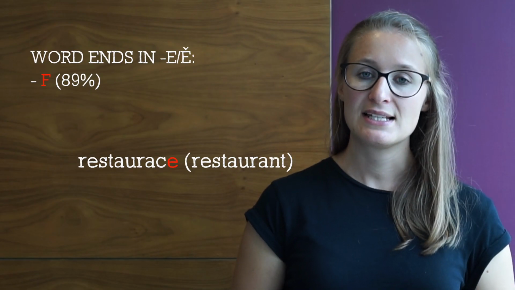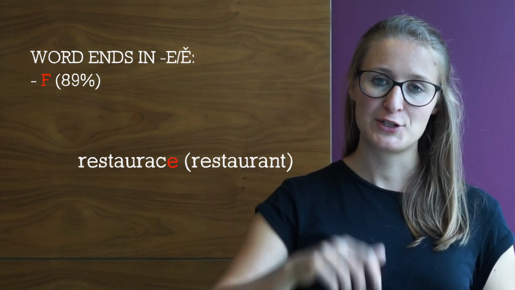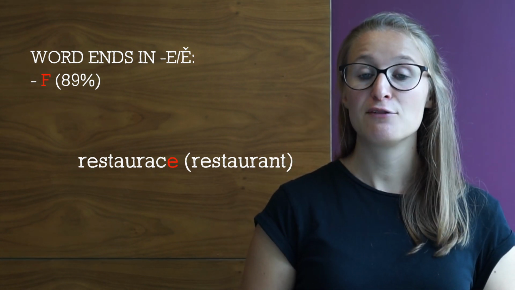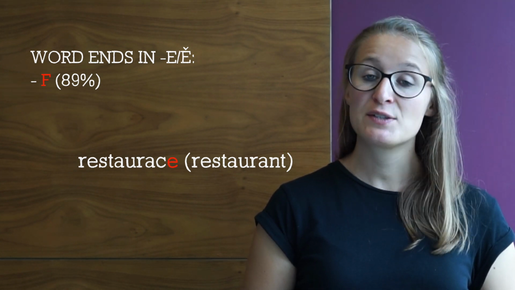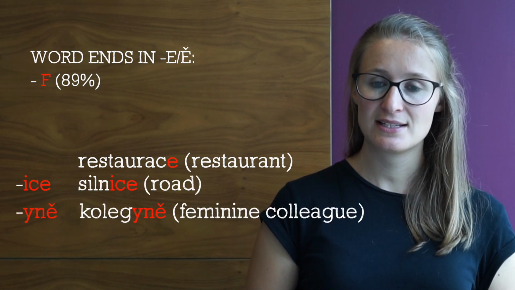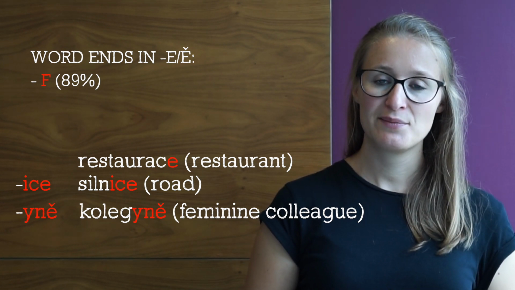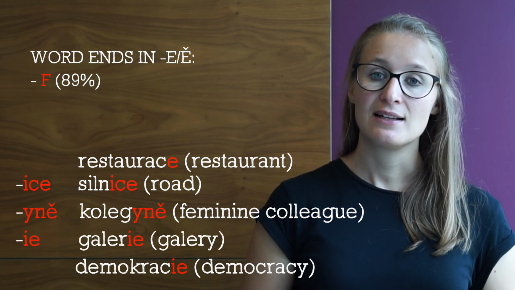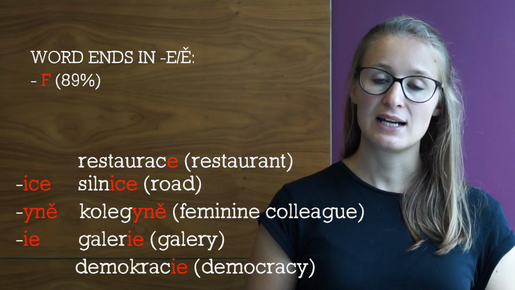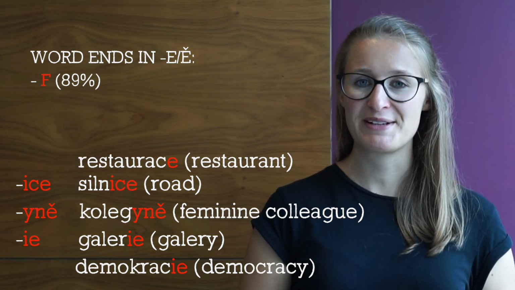When the word ends in e or ie, e with háček, it's very likely a feminine noun. For example, restaurace. And especially if it ends in ice or ině, as in silnice or kolegyně. And if it ends in ie, for example, galerie, demokracie, then it's always feminine.